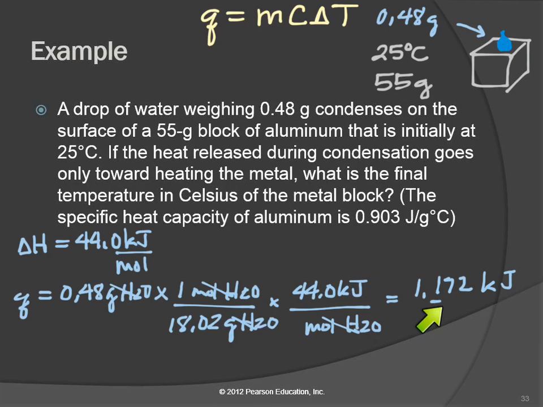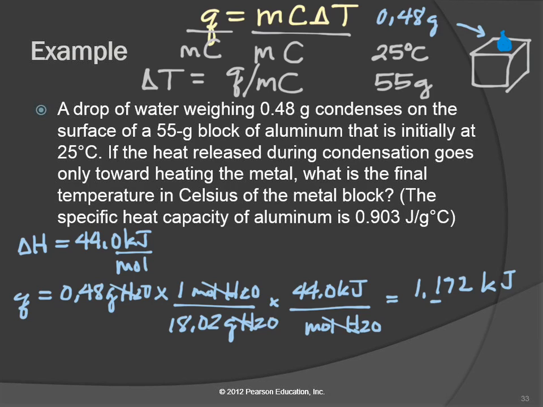So all of this energy went into the block of aluminum, so that's this Q. What we want to do is rearrange this and solve for delta T. So the change in temperature of the block of aluminum equals the amount of energy divided by the mass times the specific heat capacity.